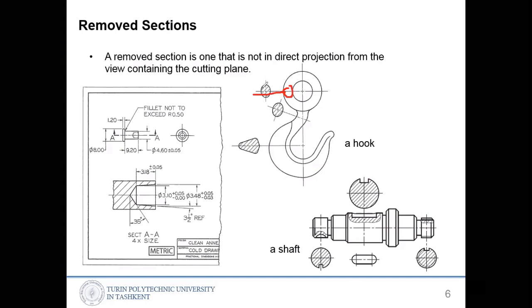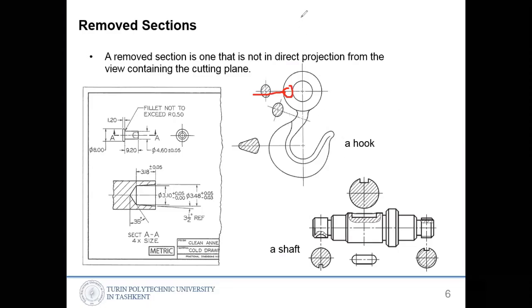And if this is a very small part or small view, we can scale it. You can make it a big view, like scaling. So 2 times, 3 times, 4 times, 5 times. You can make it a big view.